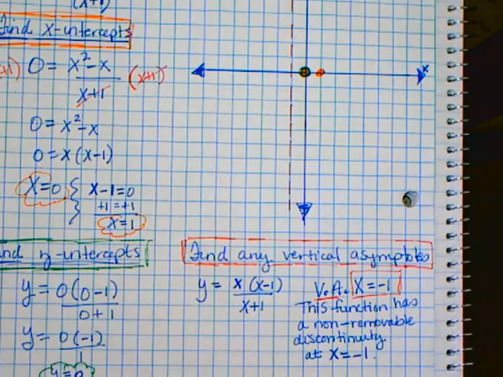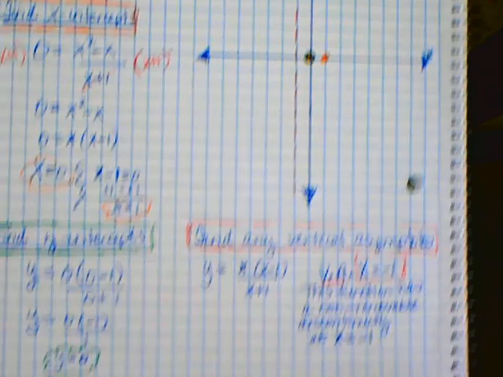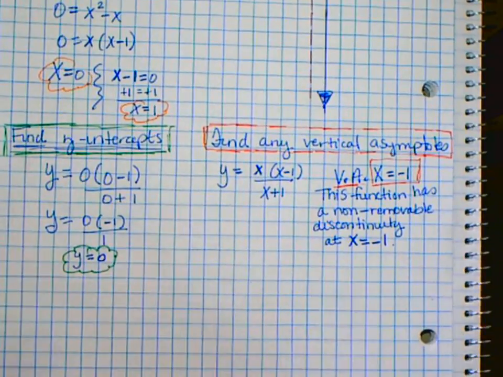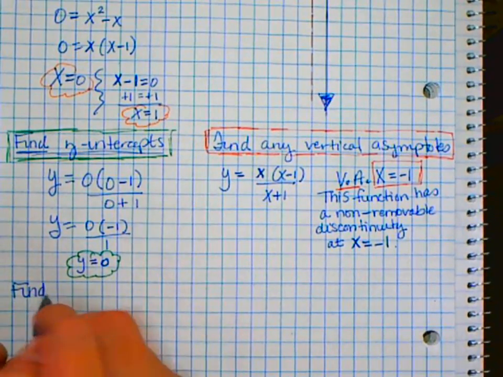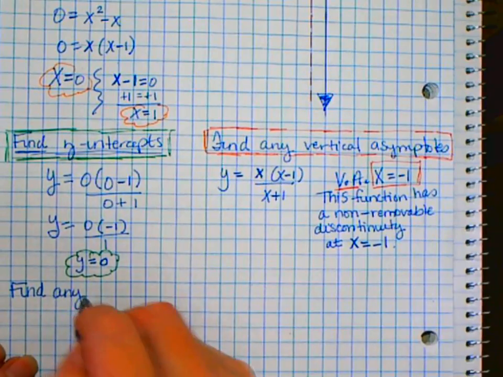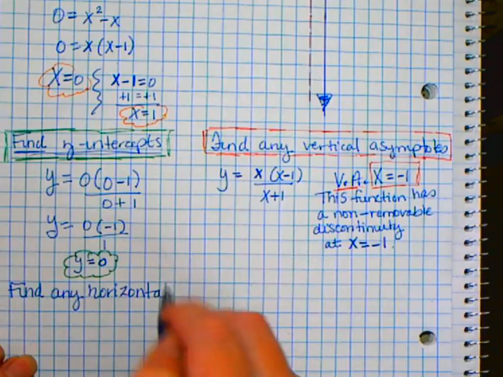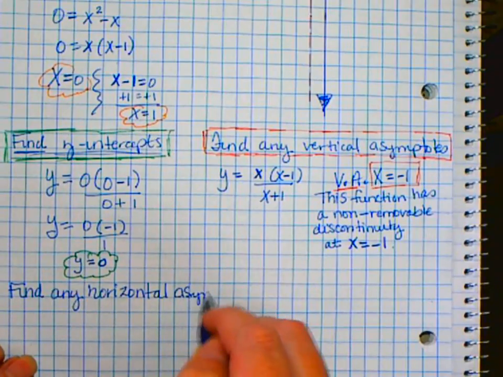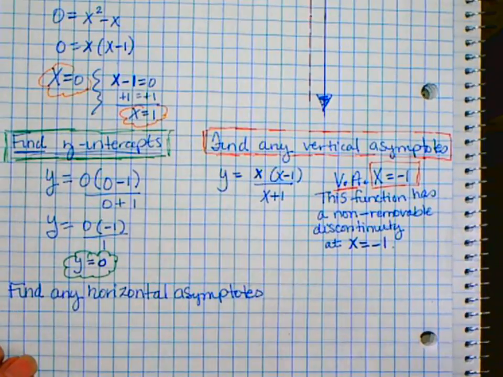Horizontal asymptotes. Find any horizontal asymptotes. There aren't any? Well, let me investigate. Find any horizontal asymptotes.